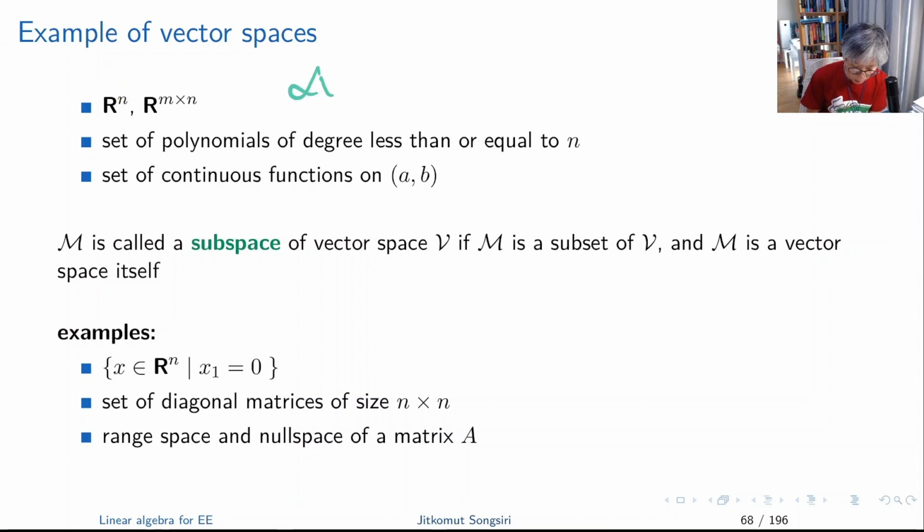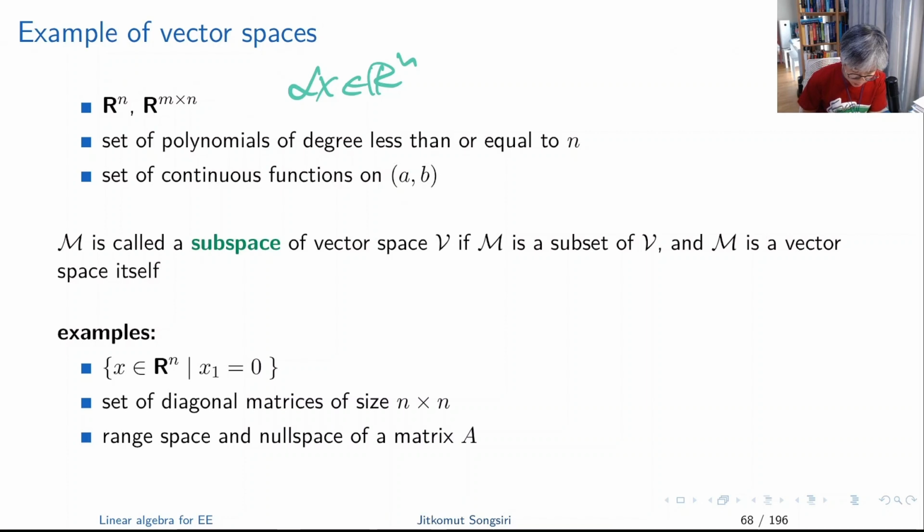You multiply a Euclidean vector, it still belongs to the set of Euclidean vectors, and so on. All right, so these have the closeness property under addition and scalar multiplication. And what else? A set of continuous functions on the support interval a and b, or the set of polynomials of degree less than or equal to n.